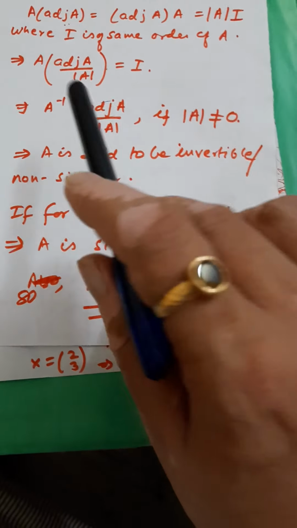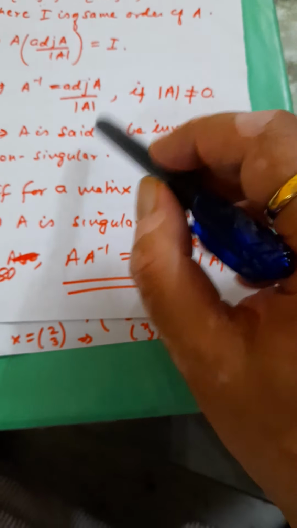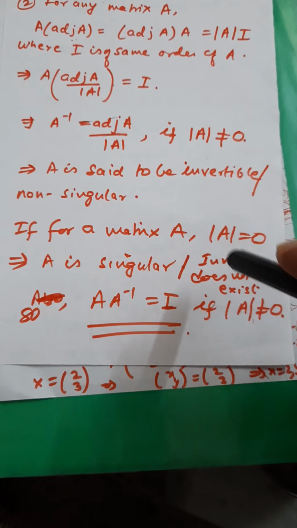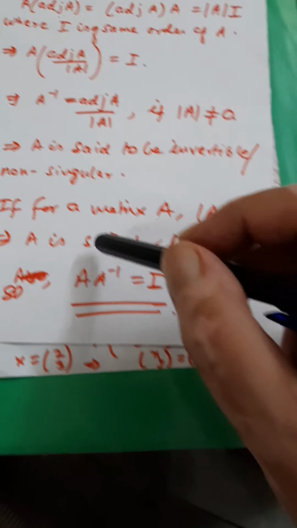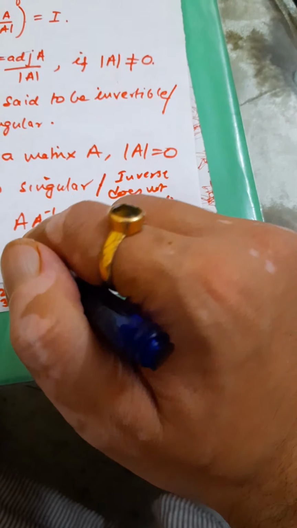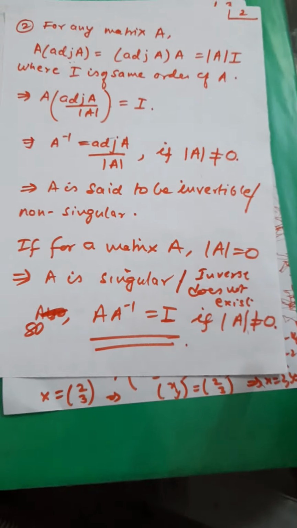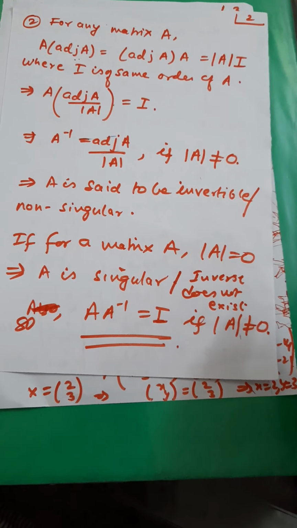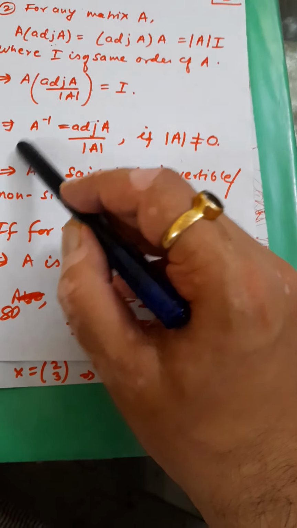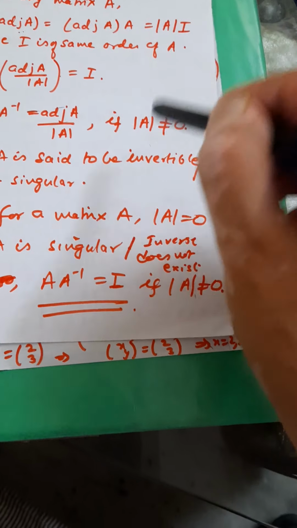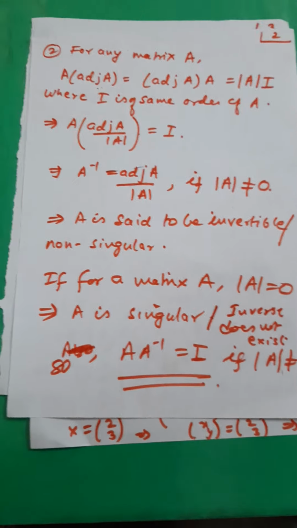In the same way, the inverse of A is A inverse. Now, if determinant of A is equal to 0, A inverse will not exist, or we can say A is singular. So A into A inverse is identity if determinant of A is not equal to 0. So always remember this result: A inverse is adjoint of A upon determinant of A if determinant of A is not equal to 0.